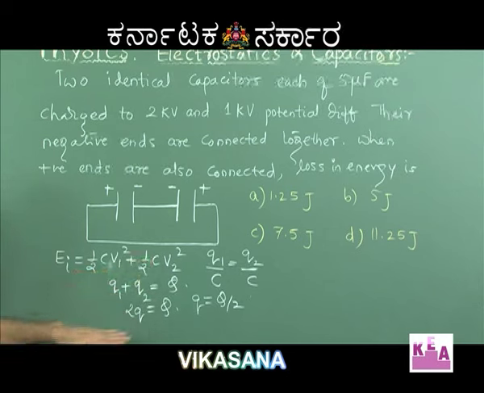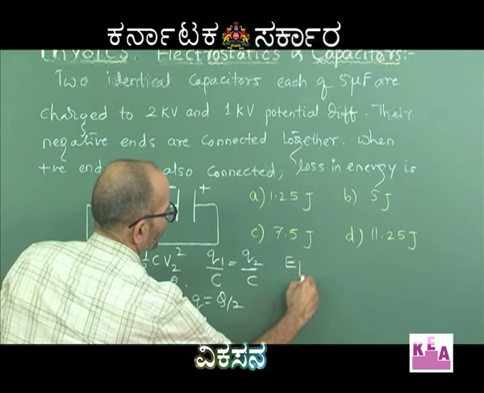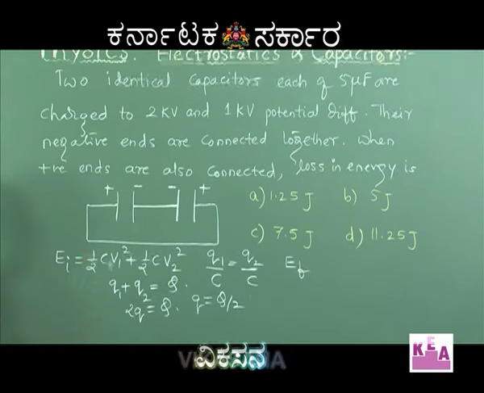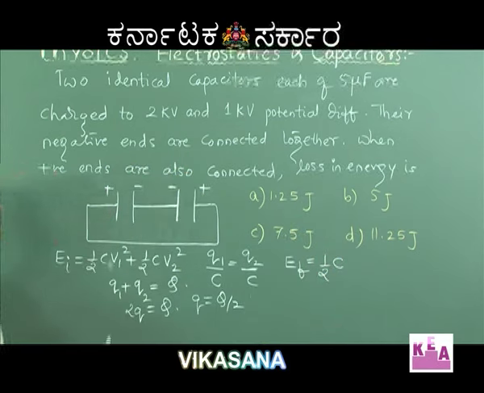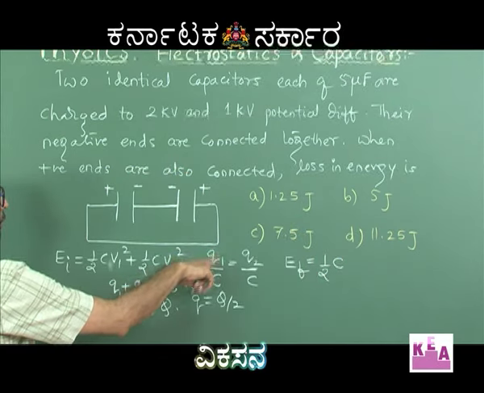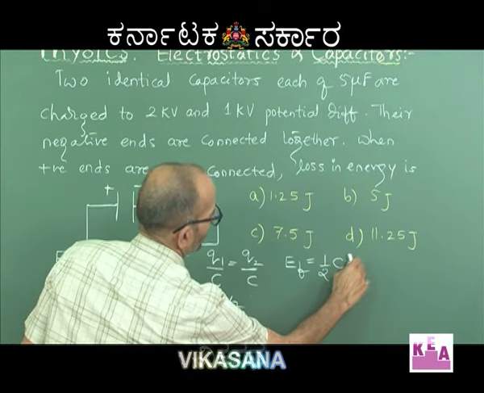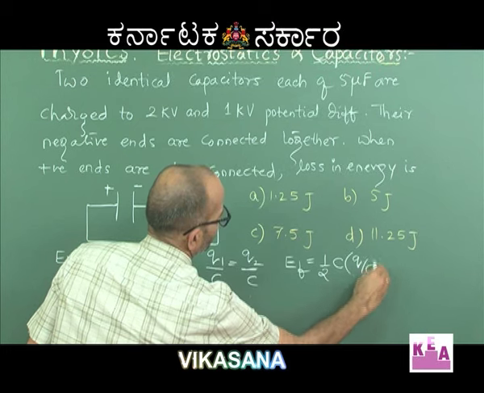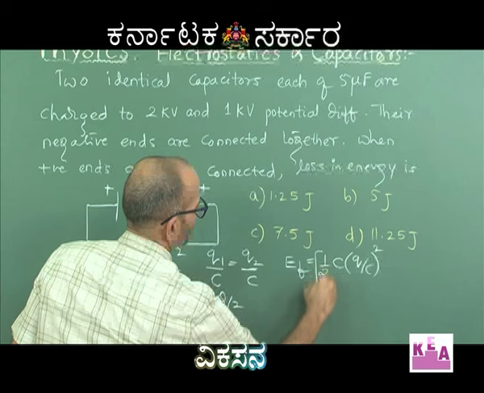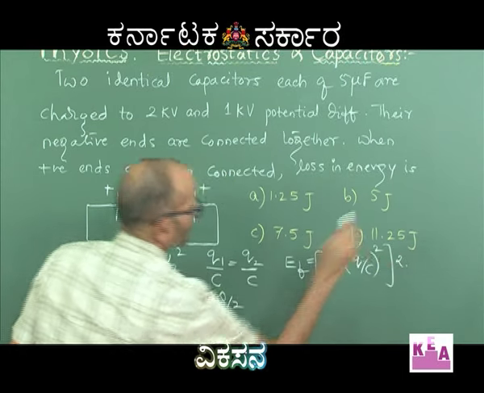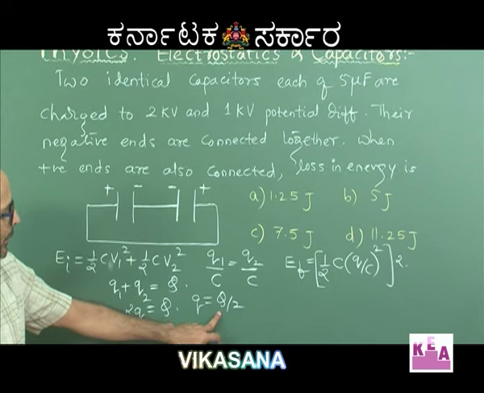So knowing the initial energy, knowing the final energy, let me write the final energy for you if you want. So final energy will be half, C will remain C, and that final potential will be q by C, or you can say Q by C, square, and twice of this, because both the capacitors are identical, the charges that they carry are also identical.